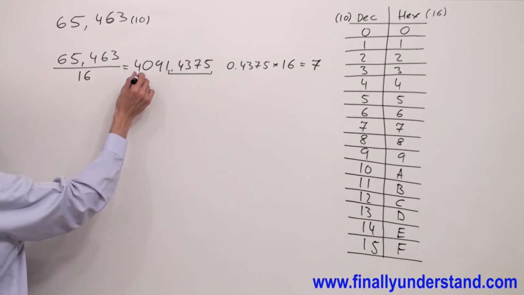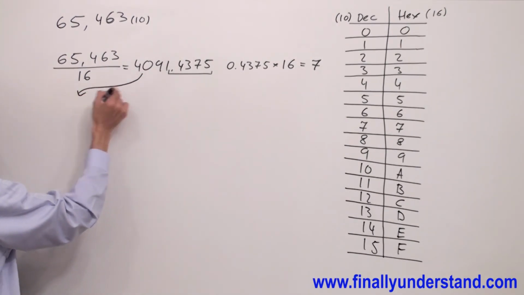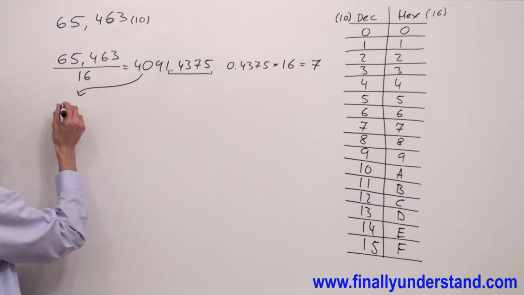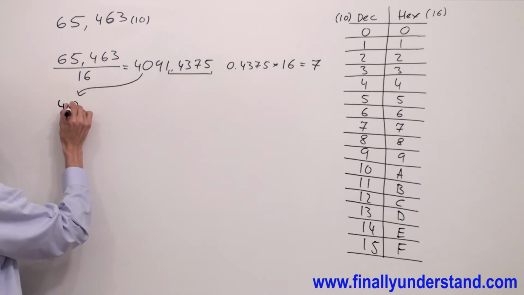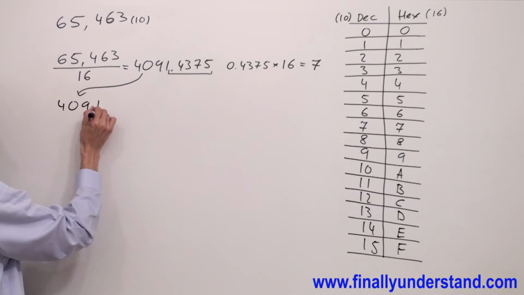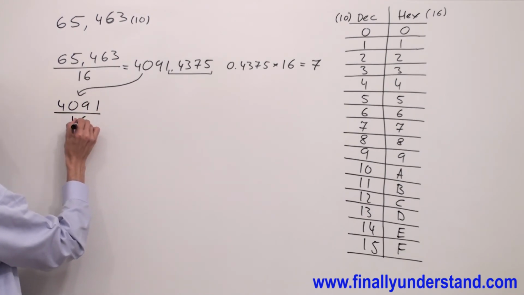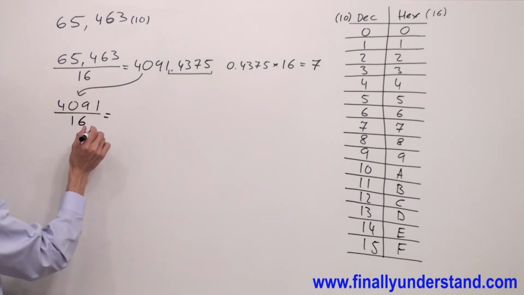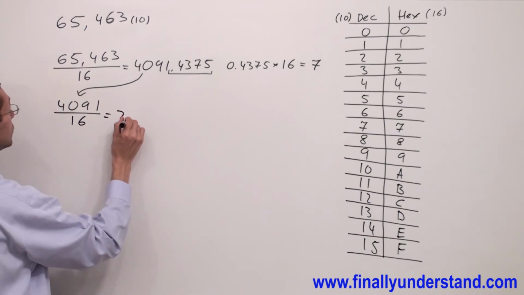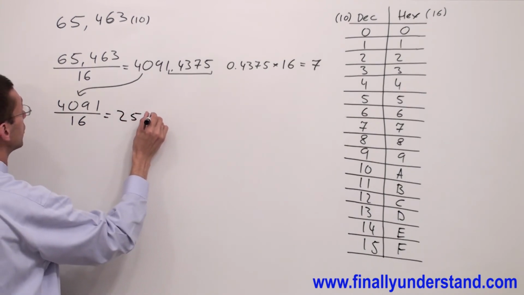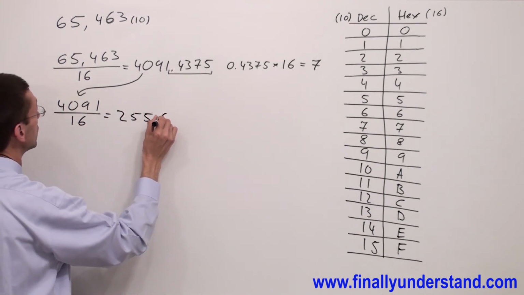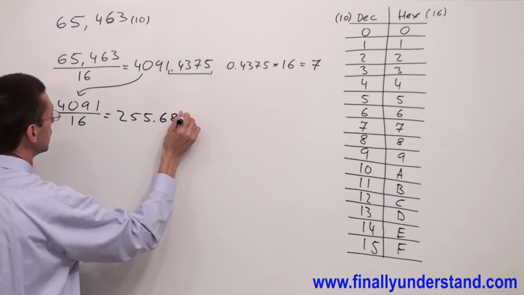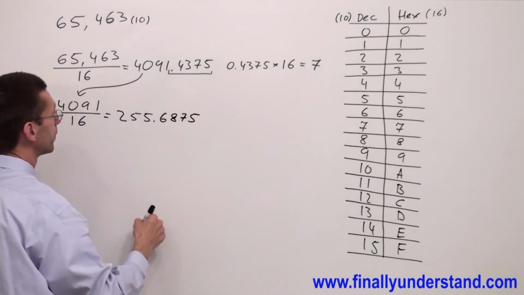Next, I'm supposed to take the whole part of that number and divide again by 16. So I have 4091 divided by 16. This is equal to 255.6875.